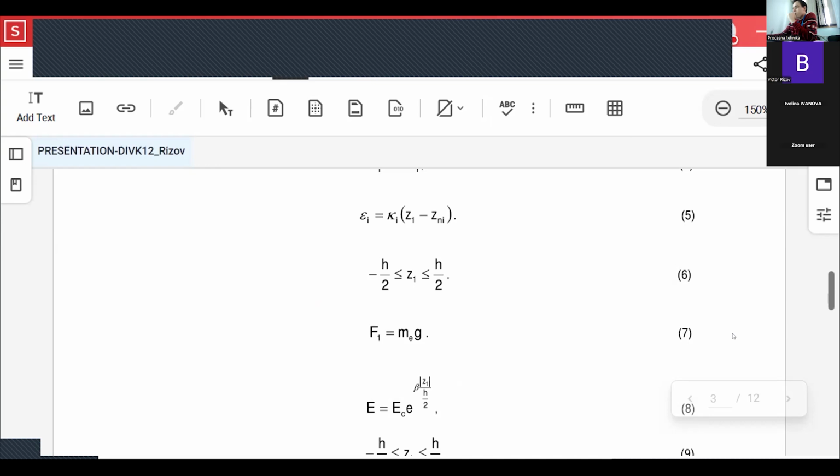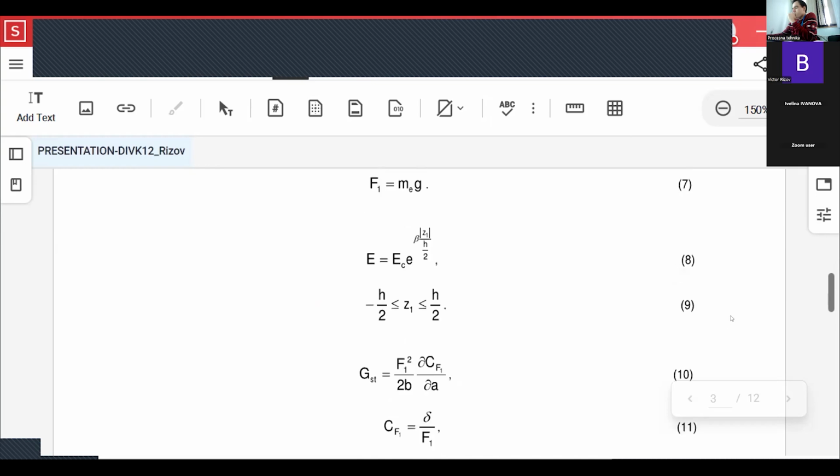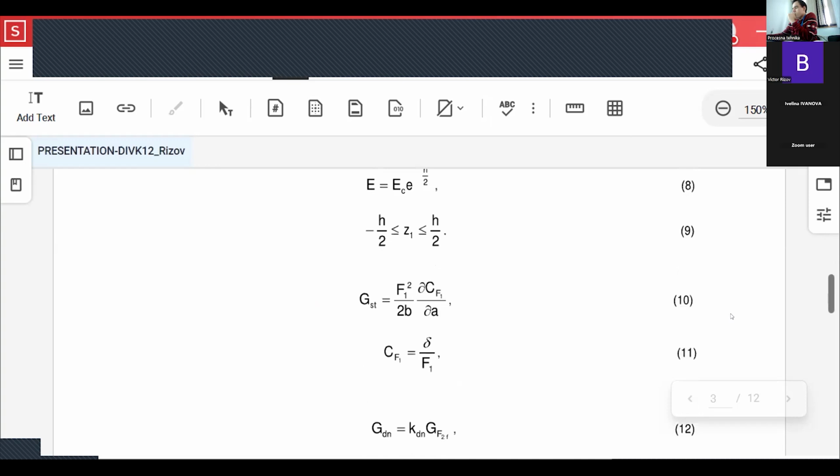Beta is a parameter that actually controls the distribution. The static strain energy release rate induced by the weight of the motor is estimated by applying equation number 10 on your screen.